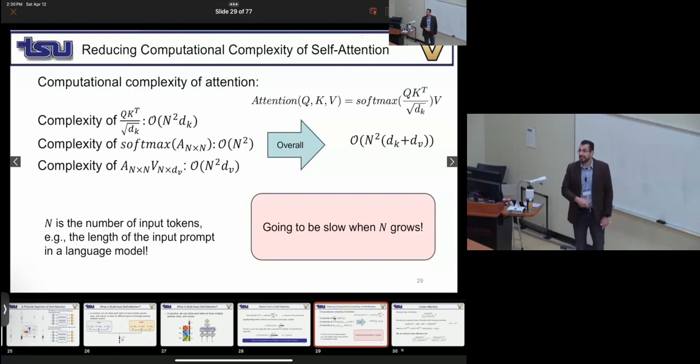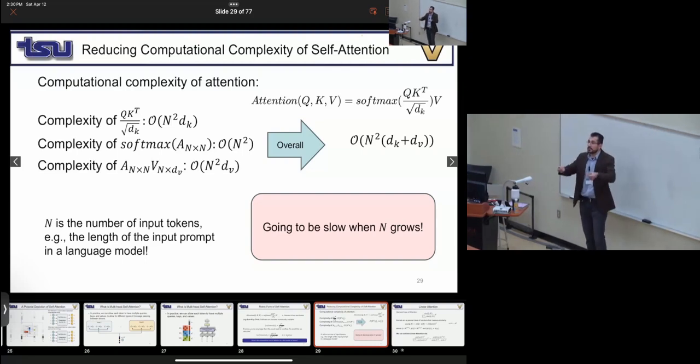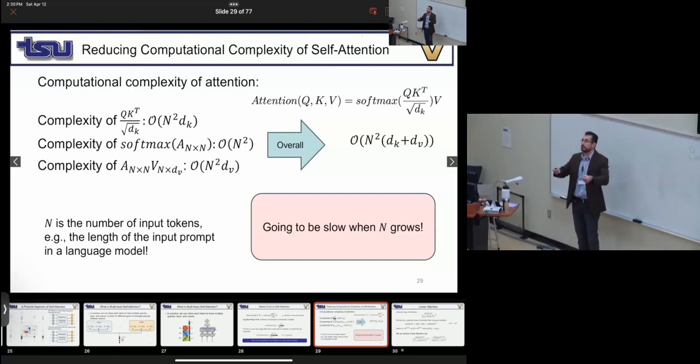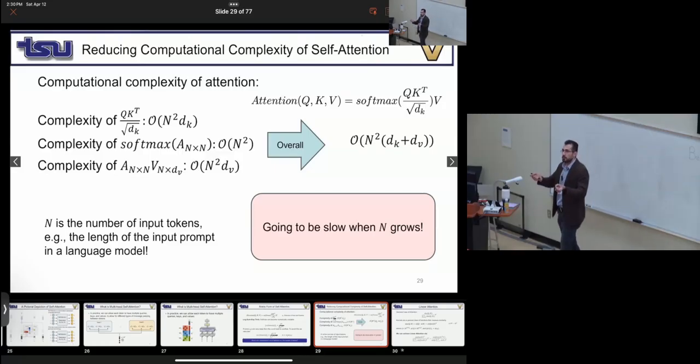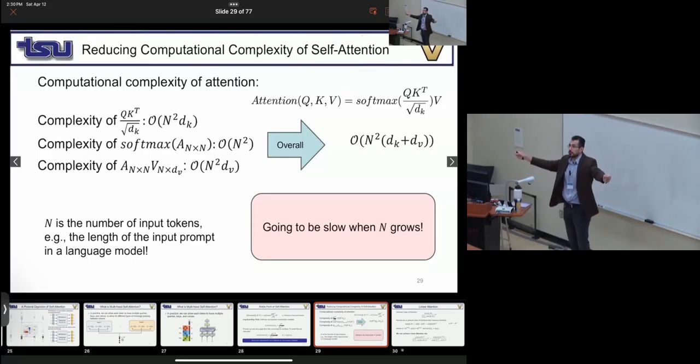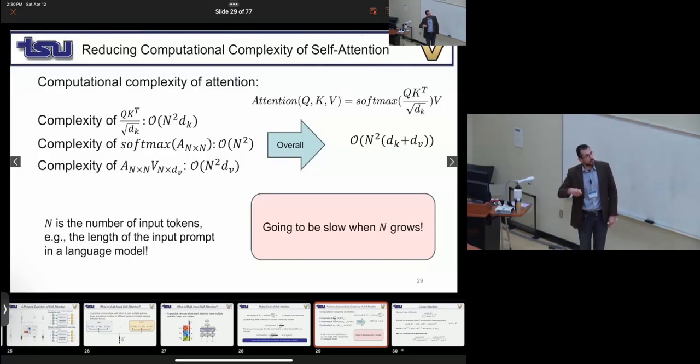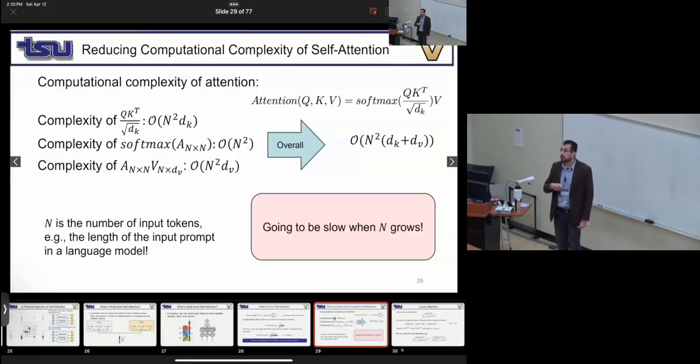So what is this n? n is the set size, the size of our input set. If you're talking about, for example, language models, this is the length of the prompt that you're providing, the number of tokens. The more tokens you have, the larger n is going to grow. And if attention is quadratic with respect to n, this is going to take longer and longer the more context window you have.